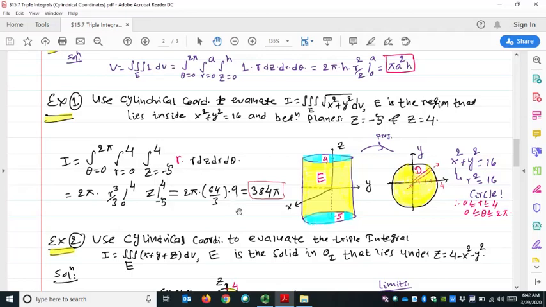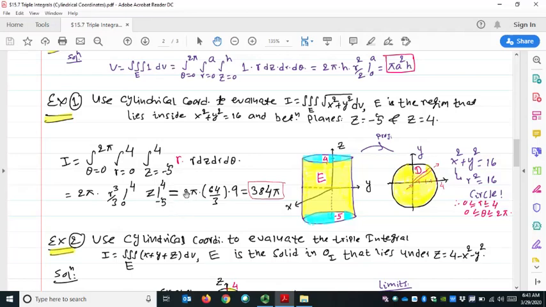Awesome. Then let's integrate. The 2 pi comes from the theta integral, and for the r integral, r times r is r squared, so the integral with respect to dr is r cubed over 3, with r from 0 to 4. And from the z integral, dz becomes z, with lower limit -5 and upper limit 4.